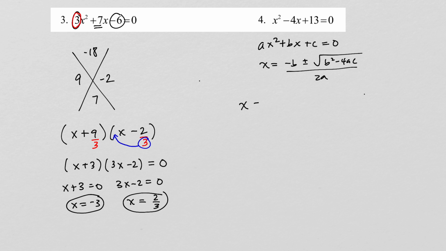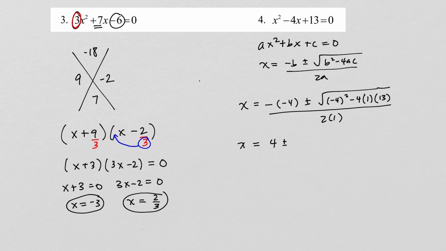So for us, x is going to be negative 4 plus or minus the square root of negative 4 squared minus 4 times a, which is 1, times c, which is positive 13, all divided by 2 times 1. Simplifying, we have 4 plus or minus the square root of 16, take away 52, all divided by 2.